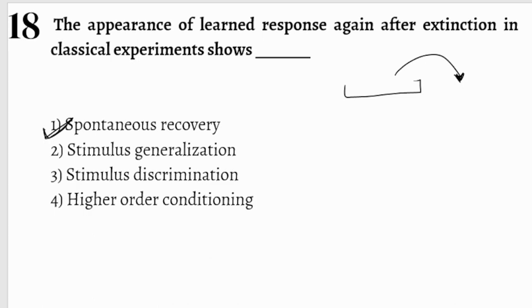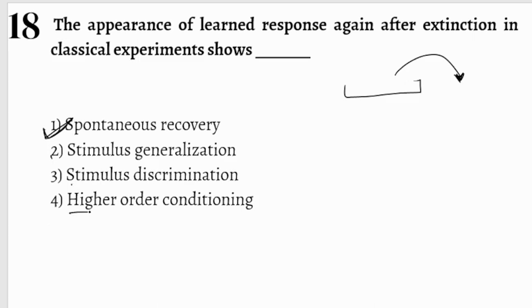Okay. Yes, it is that we will start to elicit that same response for similar types of stimuli that are there. So it is stimulus generalization. Stimulus discrimination is that we are able to differentiate between different stimuli, and we have been conditioned for a specific response itself.